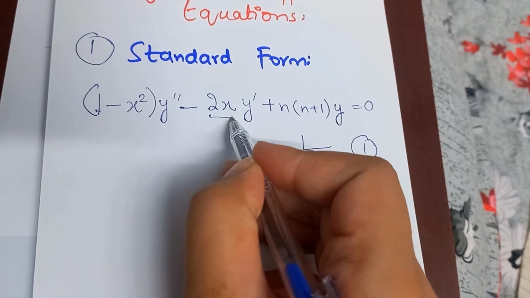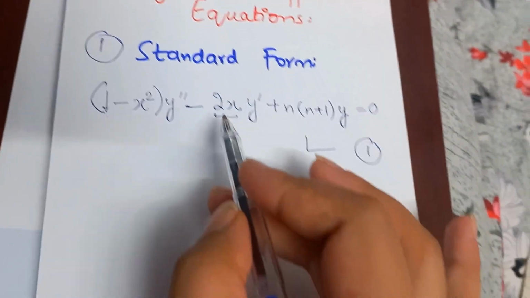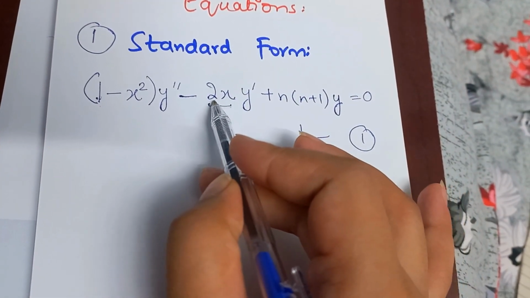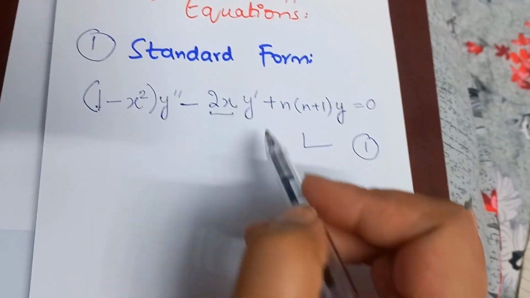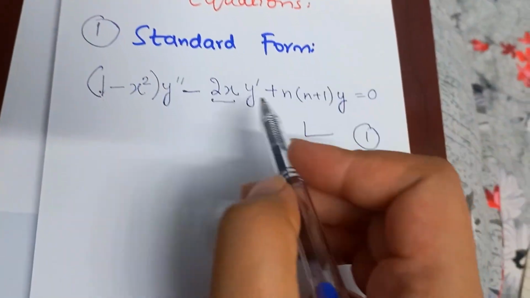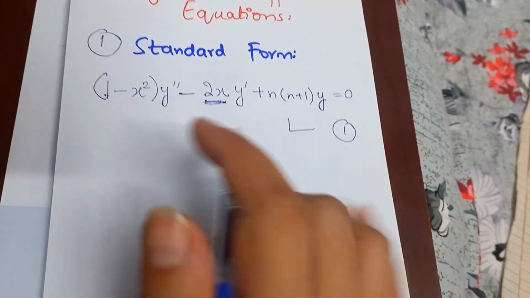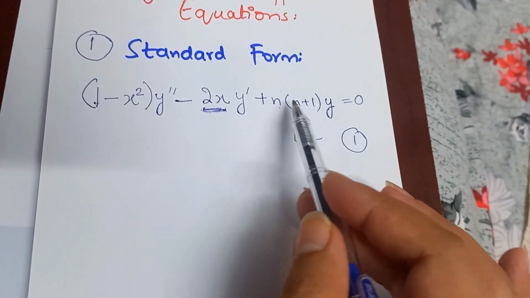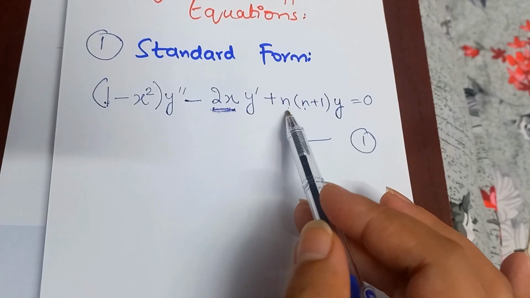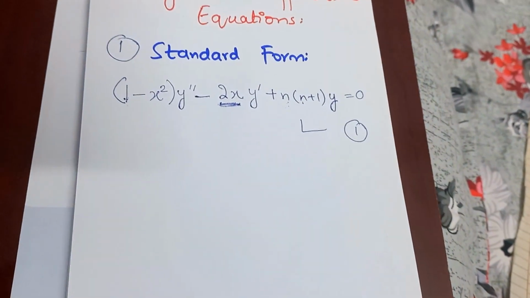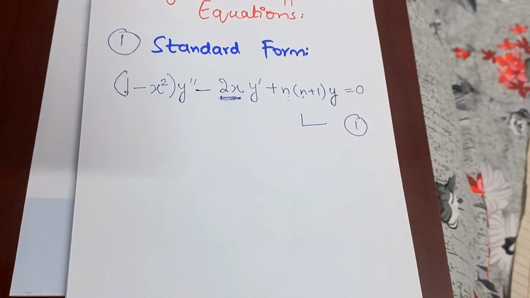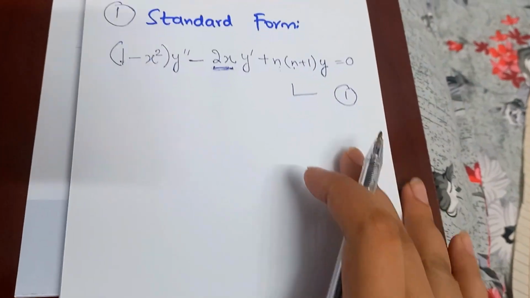I drew this line just to make you aware that it's an x dependent term, then we have y prime separate. There is no purpose of that line. This is the first form, and this is n. We'll see an example and it will be clear how to determine it.